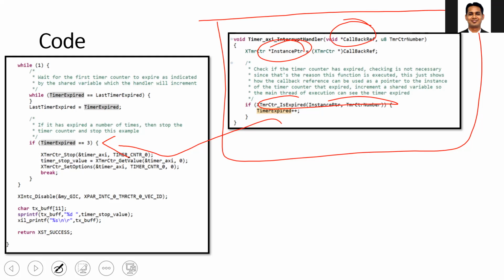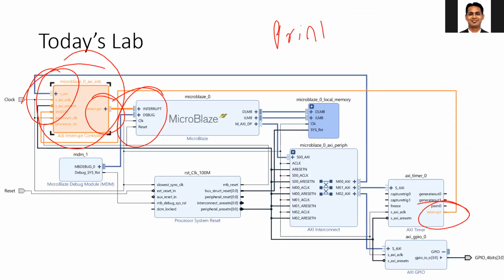Now the second thing I want to discuss is the display messages. Now if you see here in our block diagram, suppose that I want to display the current value of my timer. Okay, I have read the values of the timer.